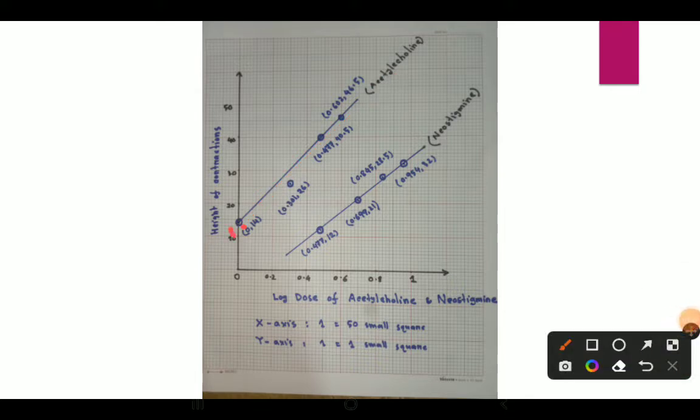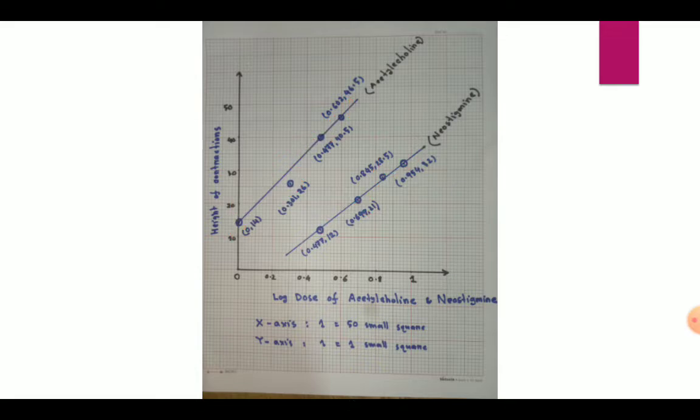Just add the first point and the last point, and the other points will be around the straight line, close to the straight line. This point is close to the straight line, and here as well. So not all the points will fall on the straight line, and do not try to force them.